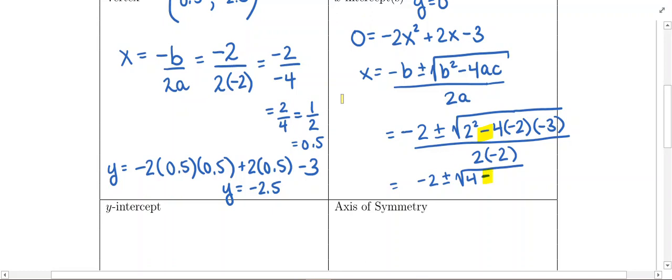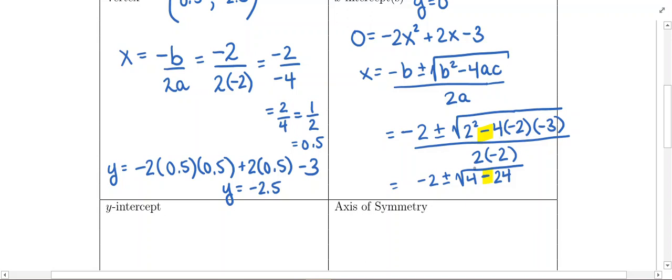This goes here. And then we've got 4 times negative 2, that's negative 8, times negative 3 is going to be positive 24. Let me do this one more time. 2 squared is 4. The minus sign goes down here. And then 4 times negative 2 times negative 3, you're going to get positive 24.